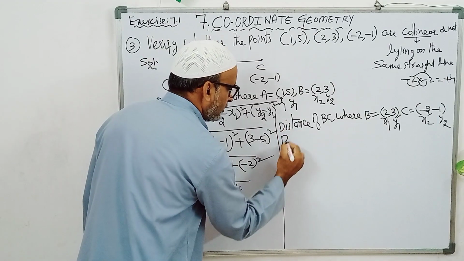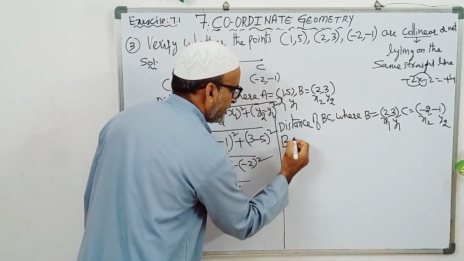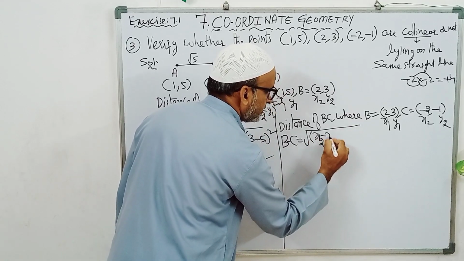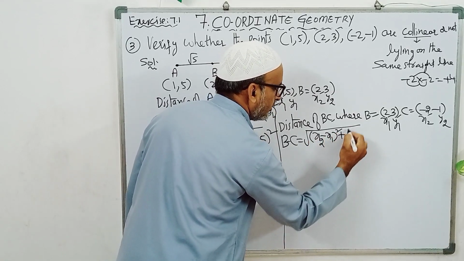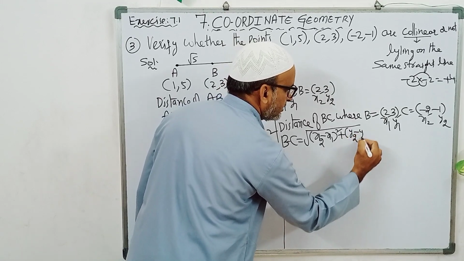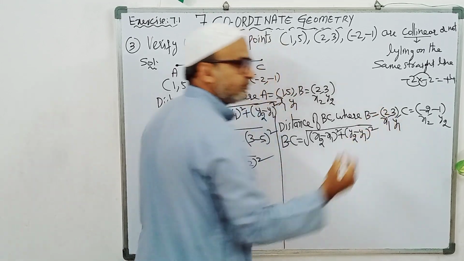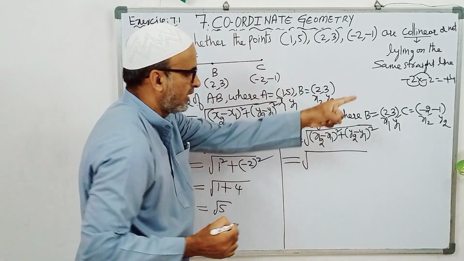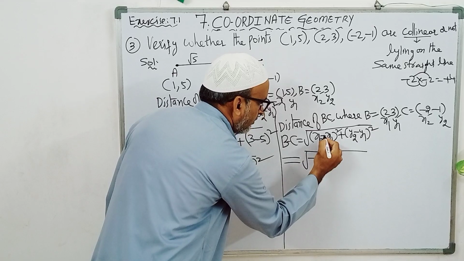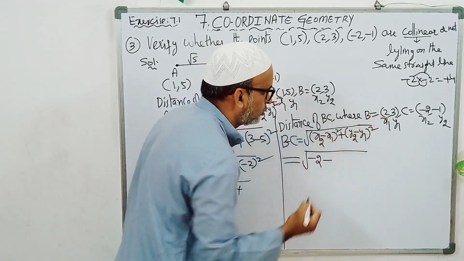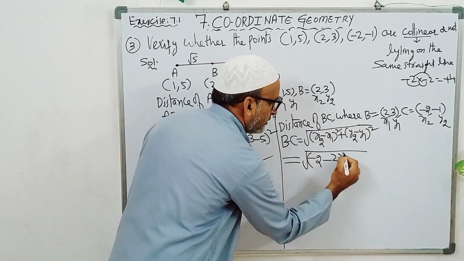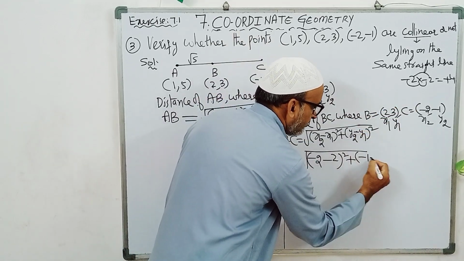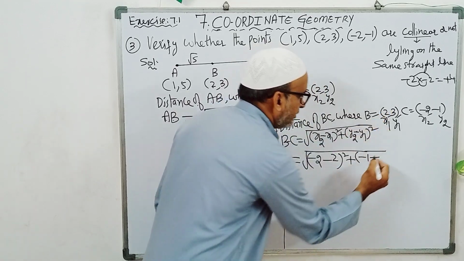Now BC is equal to square root of (x2 minus x1) whole square plus (y2 minus y1) whole square, equal to square root of (minus 2 minus 2) whole square plus (minus 1 minus 3) whole square.